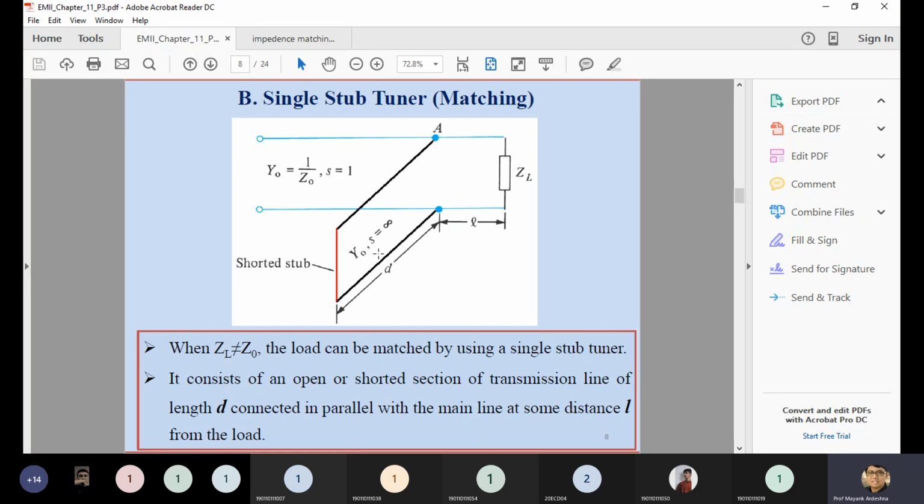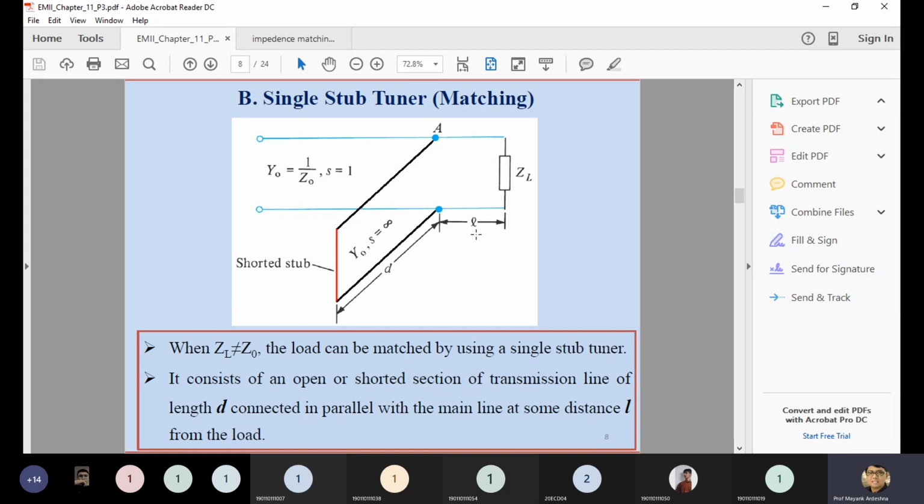Okay. Now the question is, whenever you are using single stub matching, you have two unknown parts. The first unknown part is how much length of this particular wire you insert between your impedance and your ZL, meaning the location at which you insert the wire. This part is unknown, and its notation is L. On your screen you can see L is mentioned.